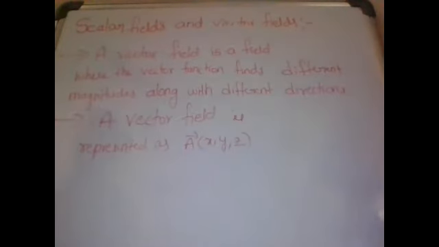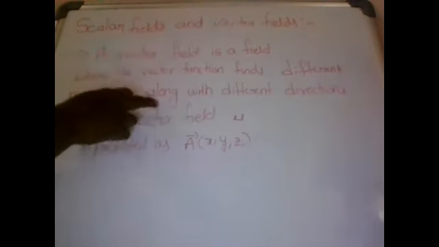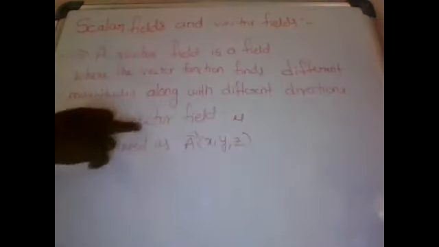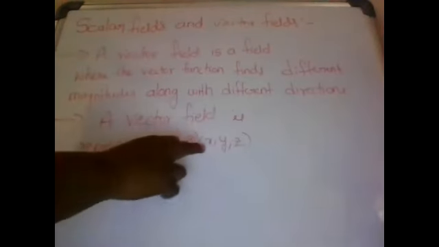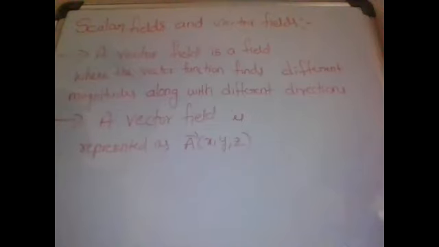So this is the vector field definition and representation. What is the vector field? A vector field is a field where the vector function finds different magnitudes, here we have magnitude and direction, magnitudes along with different directions. A vector field is represented as A bar of x comma y comma z.